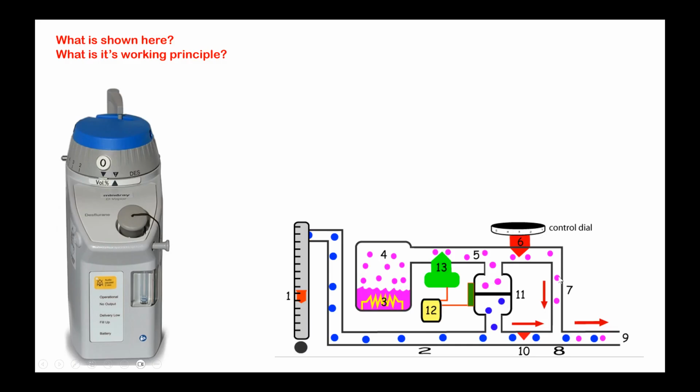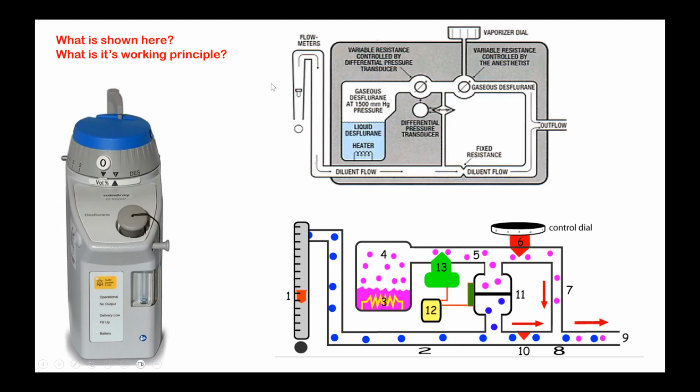When you do that, it allows the vapor to directly come into that. So you can see that no fresh gas flow from the flow meter enters this chamber. So vapor is separately produced and then injected into the flow which comes out.